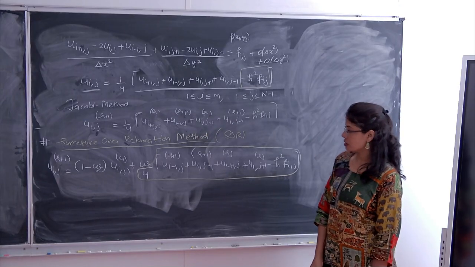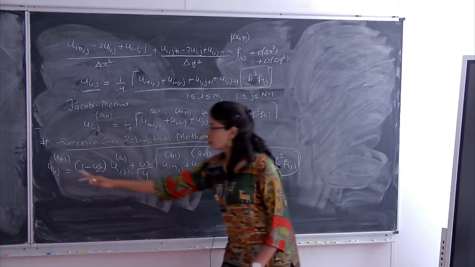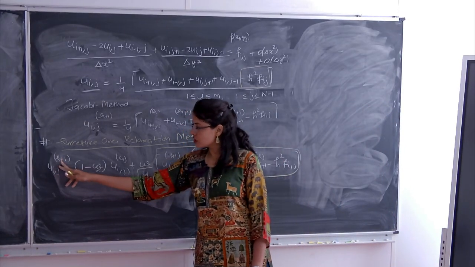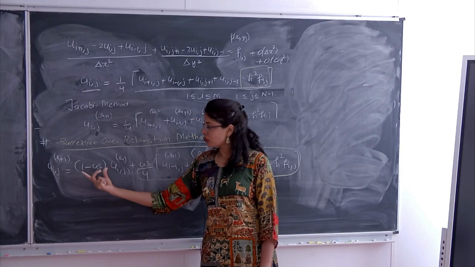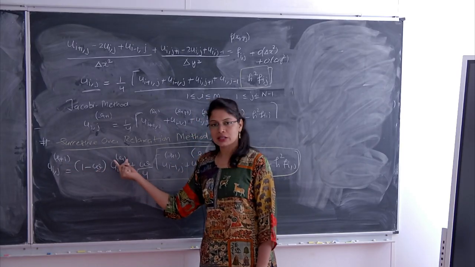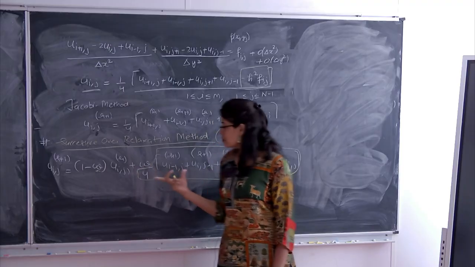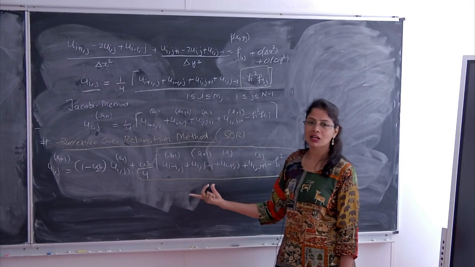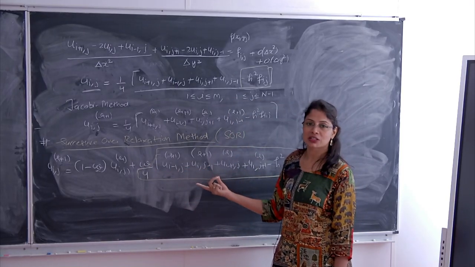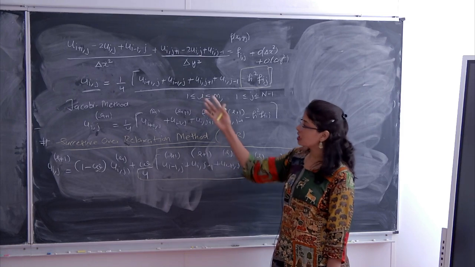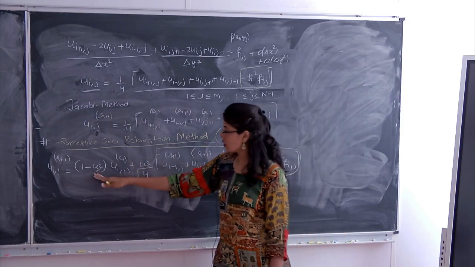So I am writing u i j at the r plus 1th iteration as 1 minus omega times u i j at the rth iteration, plus omega times the formula that I was getting with the help of the Gauss-Seidel method. So I am taking a combination of these two values.